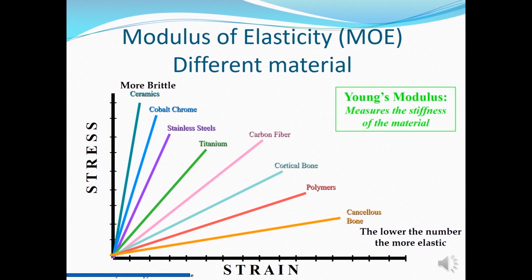Stainless steel is still better, until we go to cancellous bone, which is the optimum, like nature. The polymers are less than the cancellous, but better than cortical bone. Carbon fiber in the middle. Titanium is better than stainless steel or cobalt chrome.